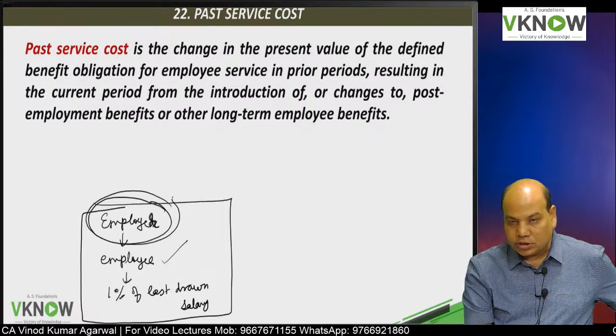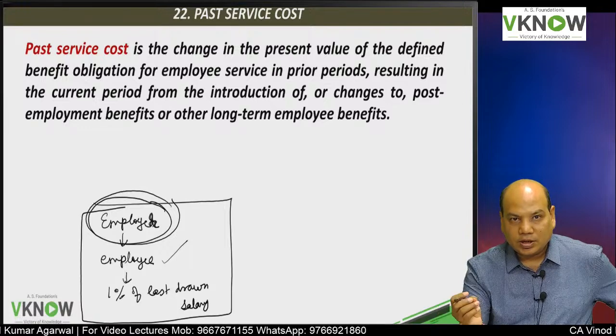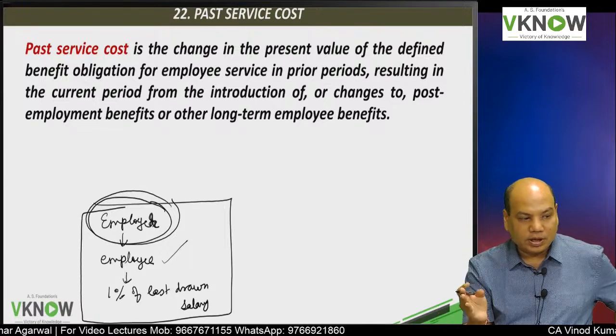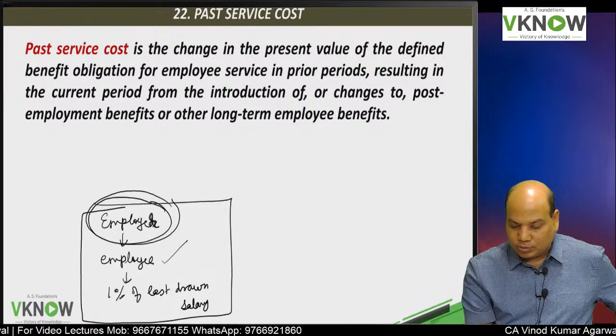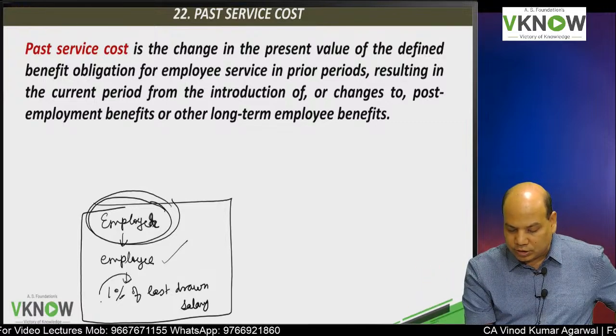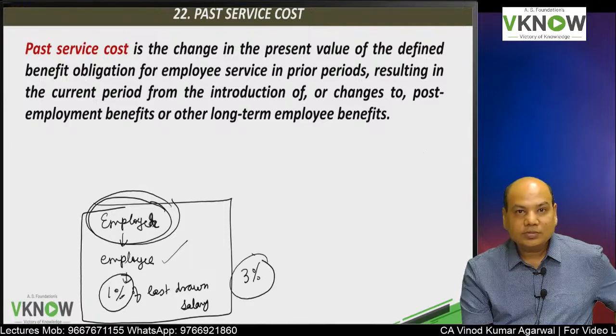The employer thinks, he is a good employee. Let us give him a higher benefit, otherwise he may leave, and it is difficult to find such a skilled and talented employee. So they said, don't worry, instead of 1%, we'll make it 3%.